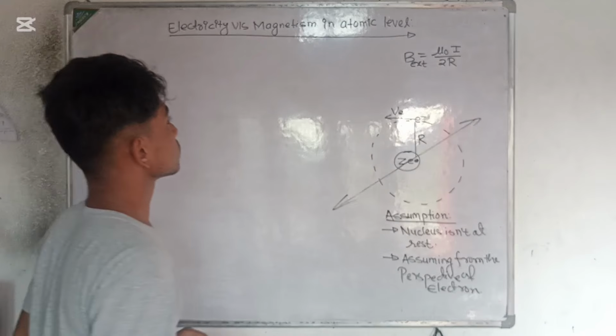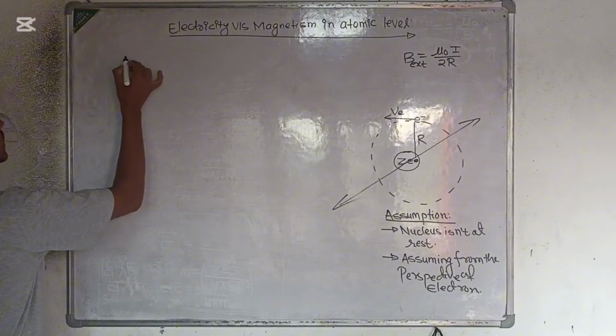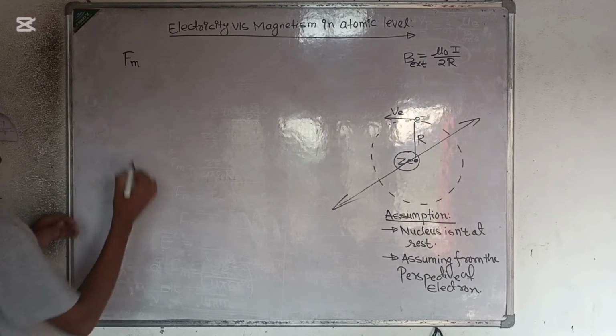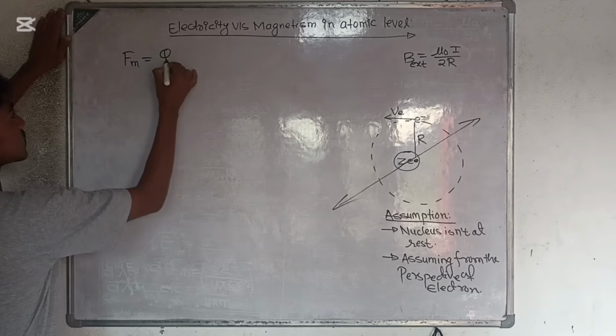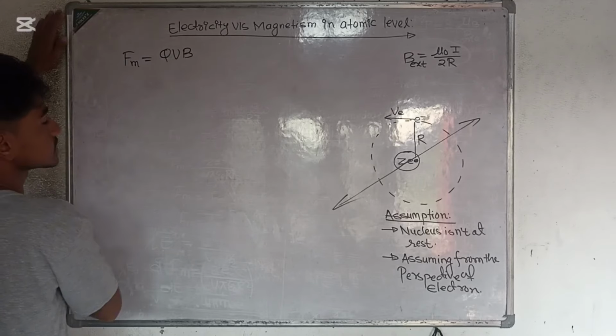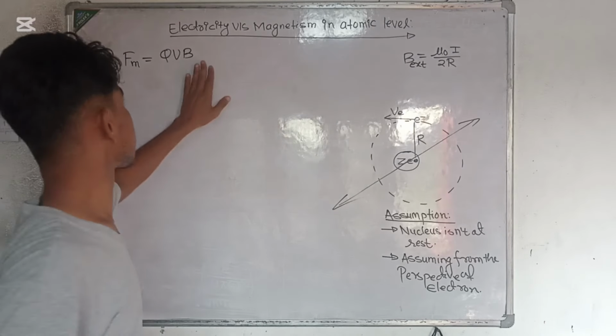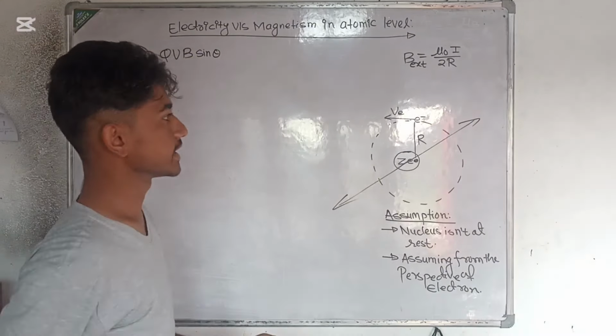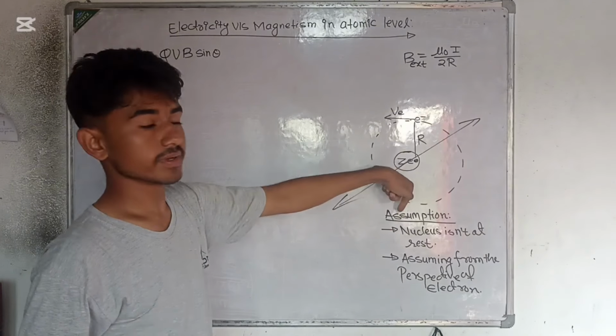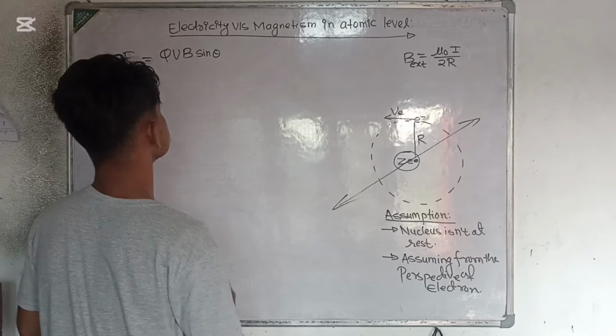If you know the formula for Lorentz force, the magnetic force Fm is equal to QVB sine theta. There has to be some sine of angle theta, but I am assuming that the angle is 90 degrees, because the magnetic field would be in this direction and the velocity is in this direction.